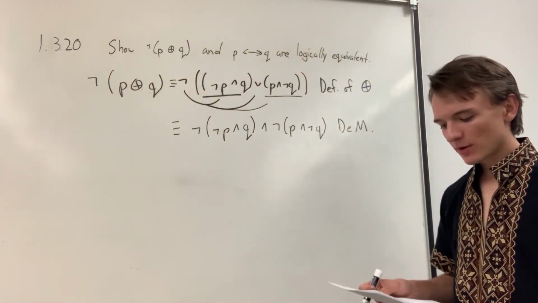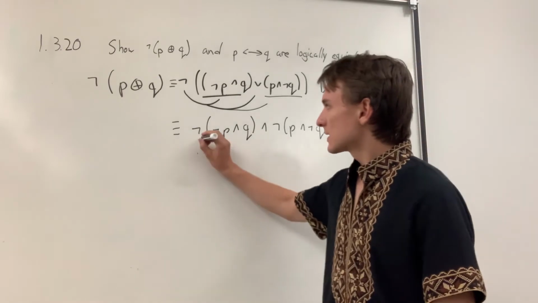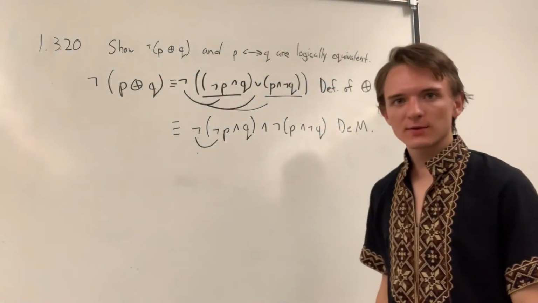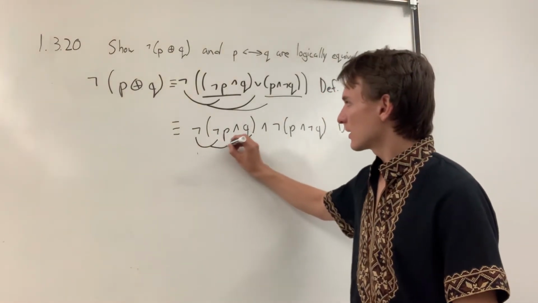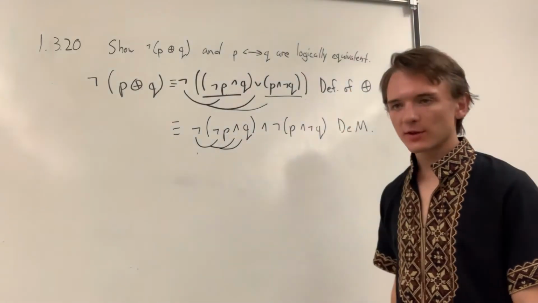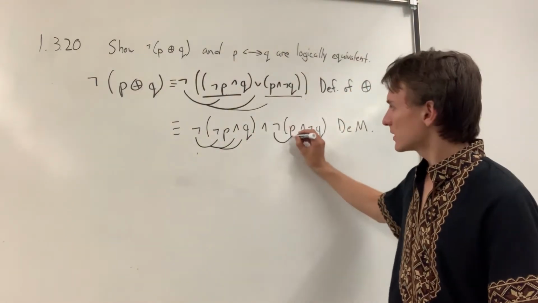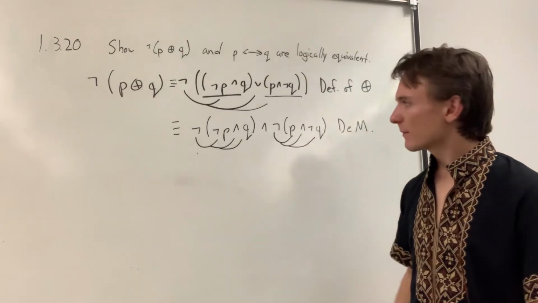We can use De Morgan's law again. Let's take this negation, give it to the negation of P, give it to the and, give it to the Q. This negation symbol is going to be applied similarly.